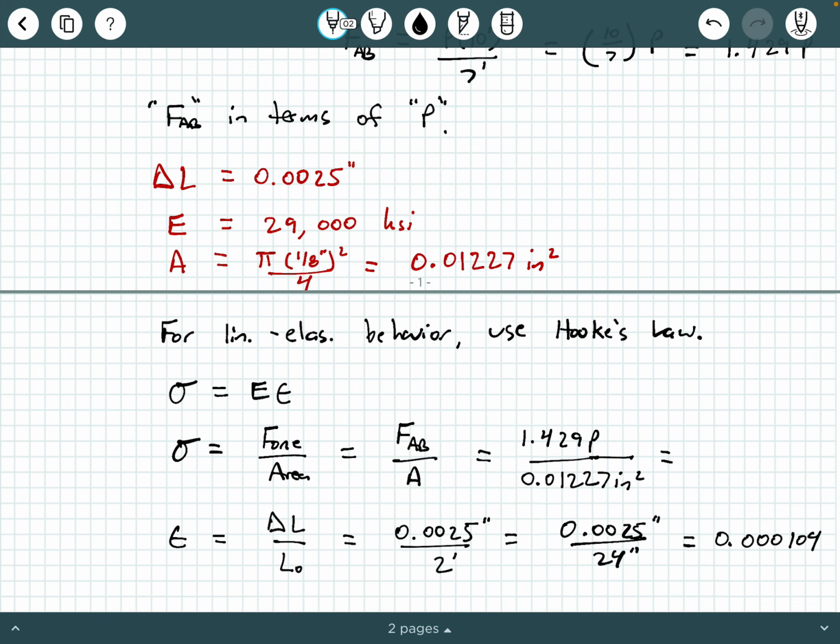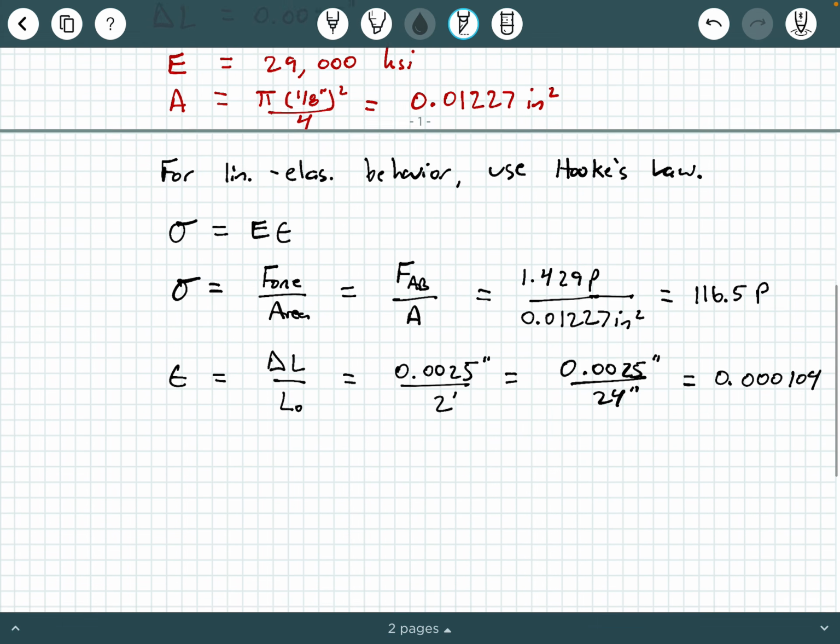So check out what's happening with this stress value. I have a stress value in terms of P. So I get a stress value of 116.5 times P. I have stress in terms of P.